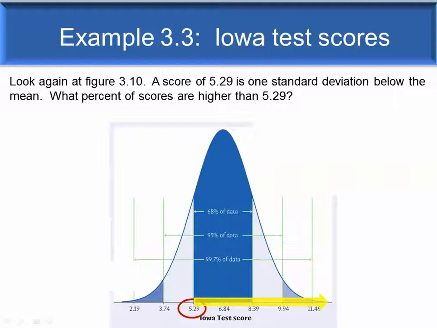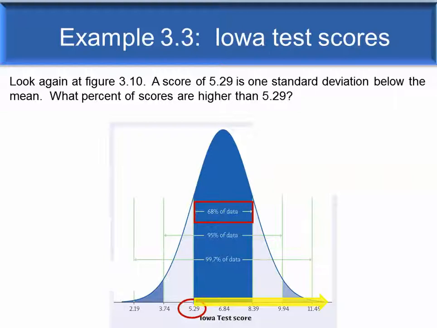And now, since it's a normal distribution and since 5.29 falls exactly one standard deviation below the mean, whenever the value that we're focusing on falls exactly on an even multiple of standard deviations, we can use our 68, 95, 99.7 rule. So we're going to do that first by looking at what is the rule around one standard deviation from the mean. Well, values that are one standard deviation below to one standard deviation above the mean is 68% of the data.